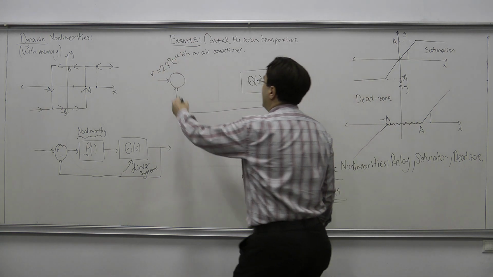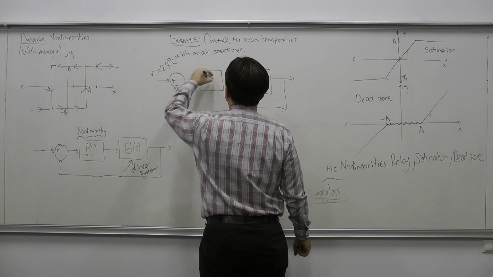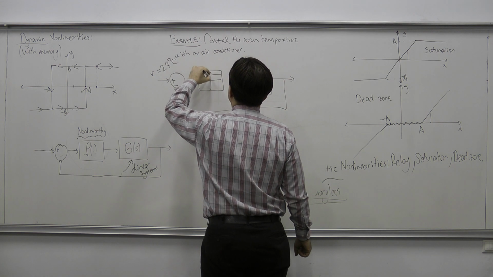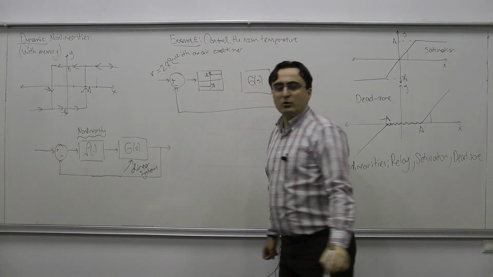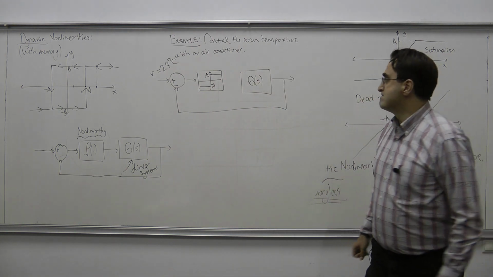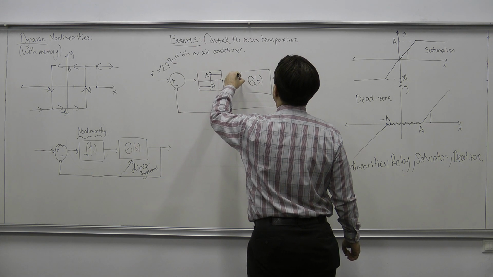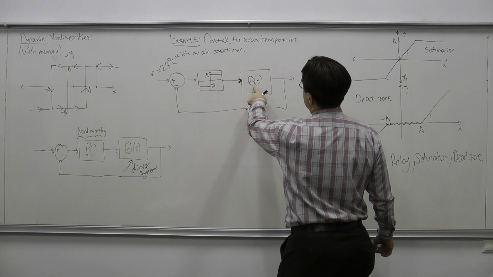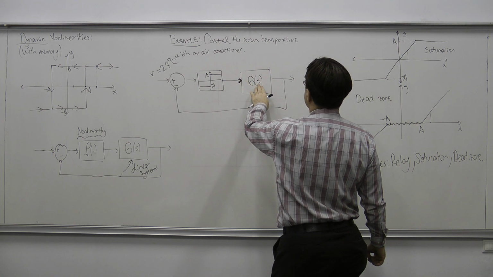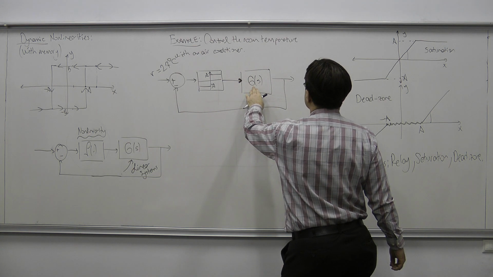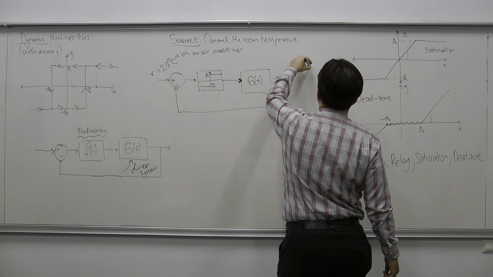So here I have a control system, and suppose that I put here just a simple relay, a simple switch. This simple switch is modeling the air conditioner behavior, and I apply the output of the air conditioner to the room model here. This is modeling the air in the room, given by the transfer function G(s), and this variable y is the room temperature.